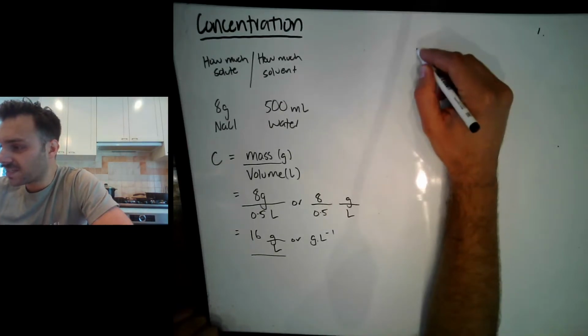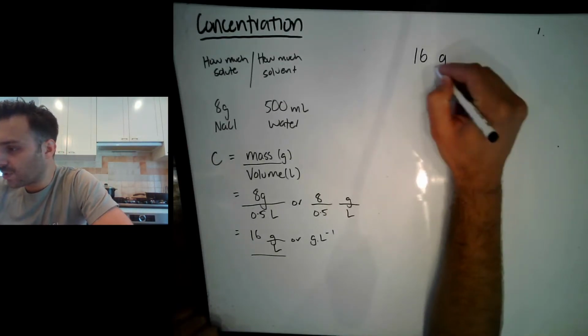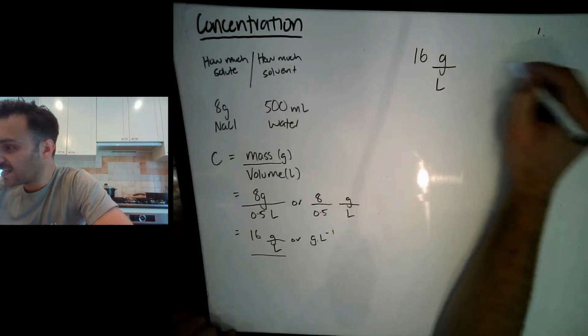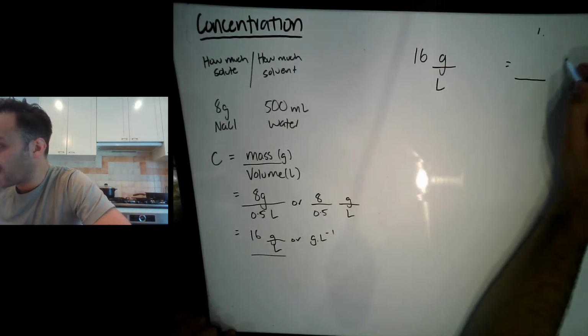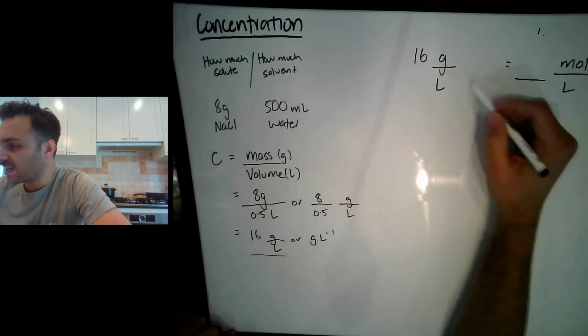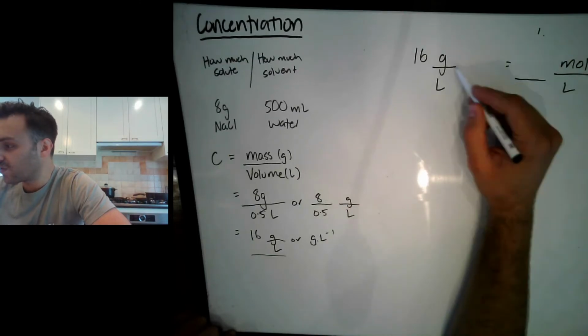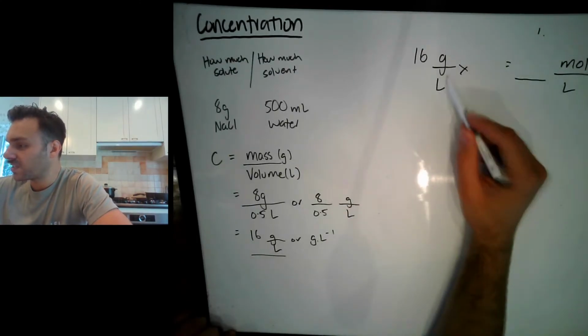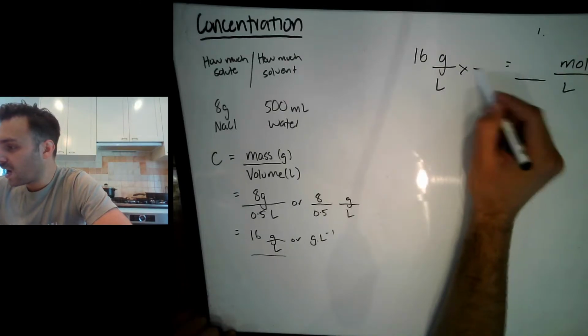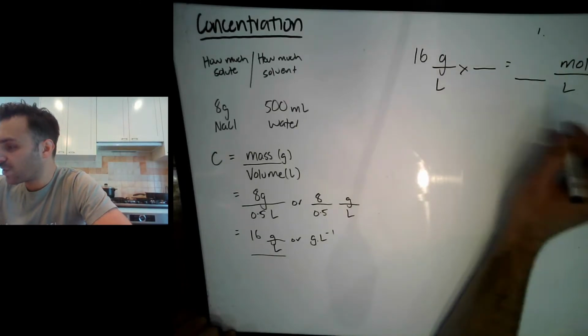If I have 16 grams per litre, and I'd like to end up with an answer in some sort of number, and with the units being moles per litre, let's just consider for a second just the units, not the numbers. If I want grams per litre to turn into moles per litre, well, I want to keep the litres, so I don't want to do anything with them, but what I need to introduce is moles.